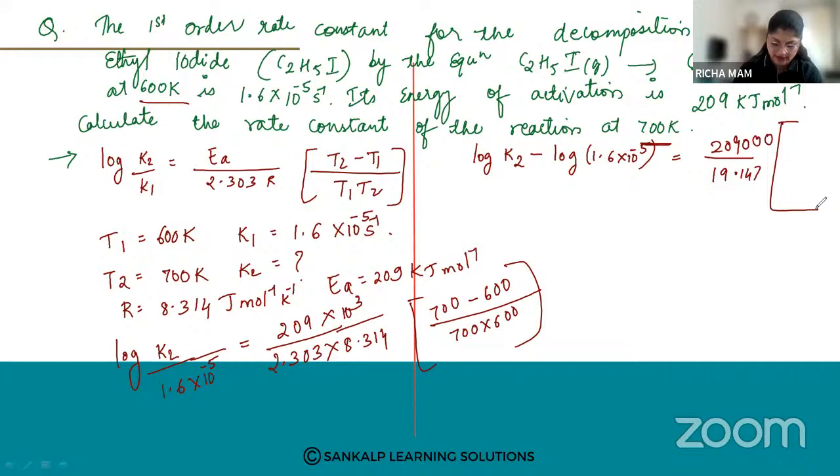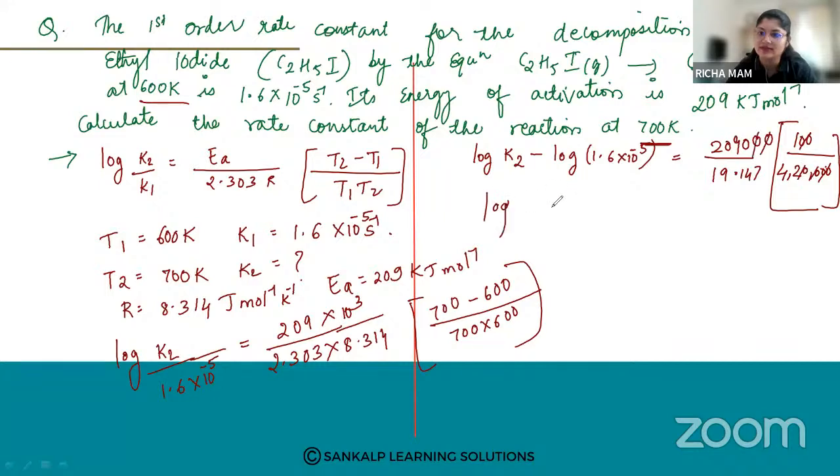Now do this temperature part. 700 minus 600 is 100, divided by 700 into 600, which is 4 lakh 20,000. Now these two zeros will get cancelled.